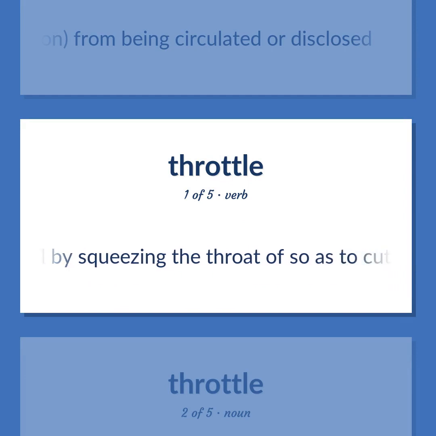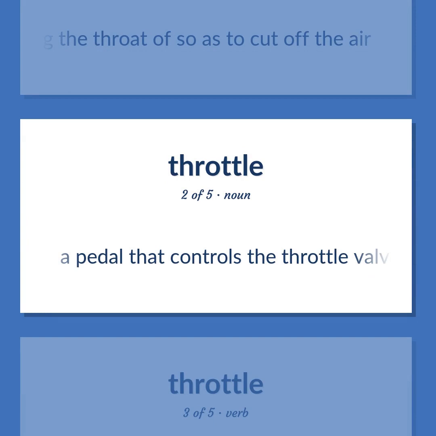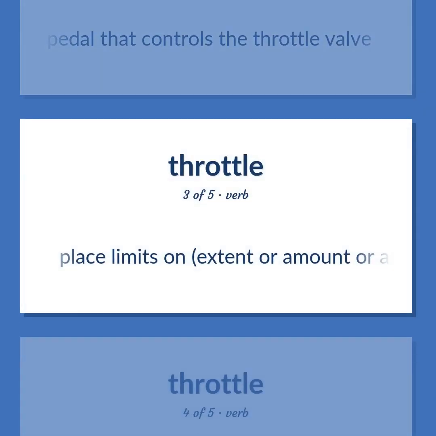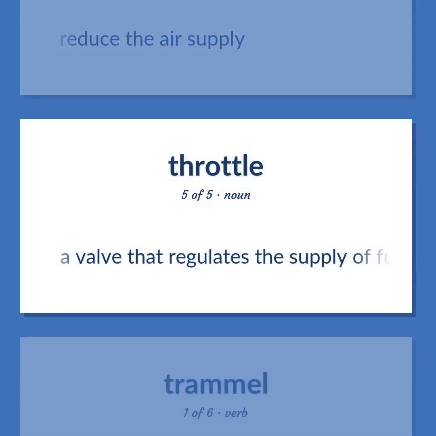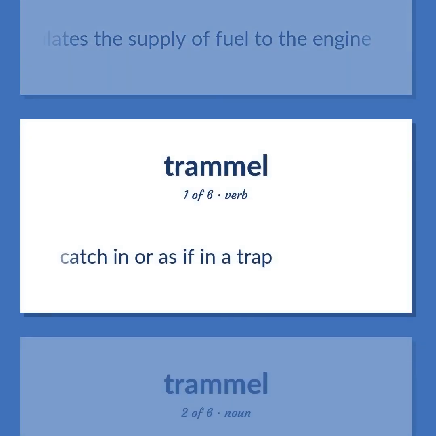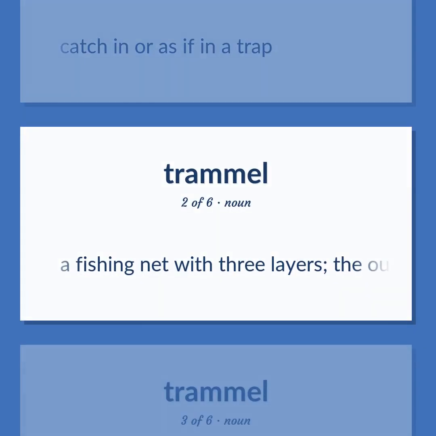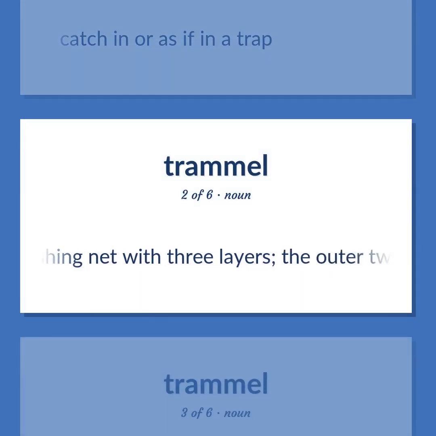Kill by squeezing the throat of so as to cut off the air. A pedal that controls the throttle valve. Place limits on, extent or amount or access. Reduce the air supply. A valve that regulates the supply of fuel to the engine. Catch in or as if in a trap. A fishing net with 3 layers.